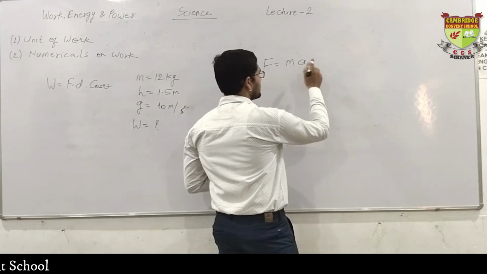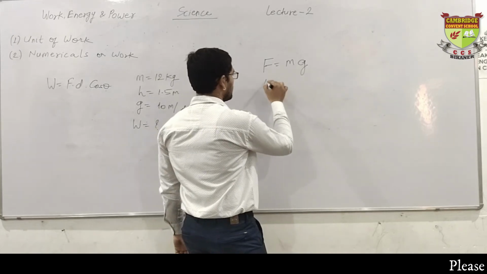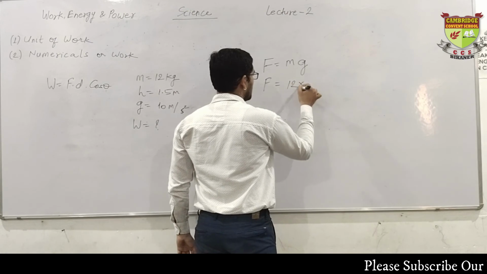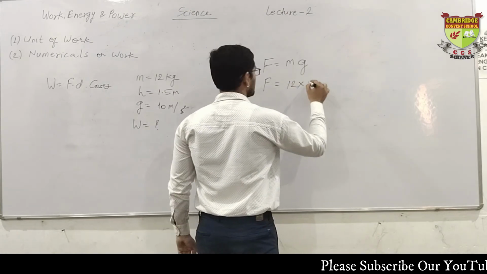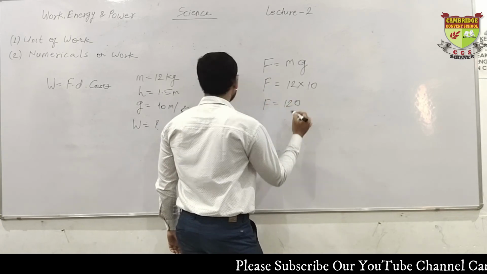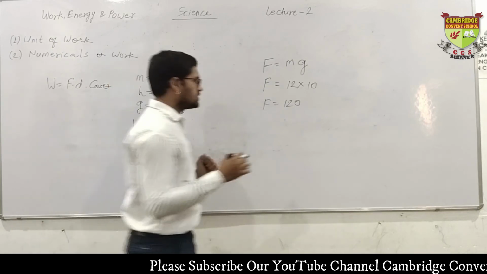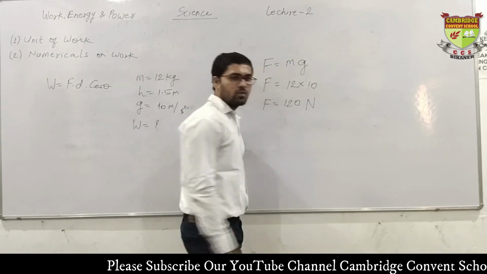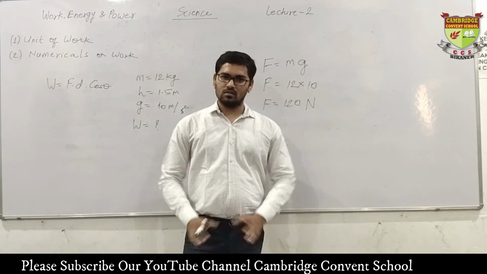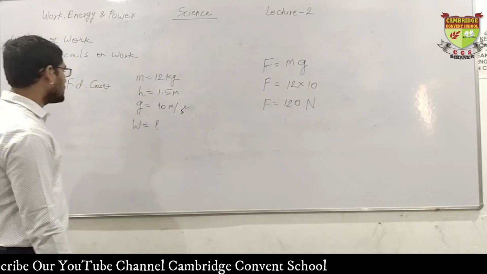So here acceleration is small g. Clear? Now, what is m? m is 12 kg. What is g? It is given 10. Multiply this, you will get 120, and force is always calculated in newtons. 120 Newton we got. Clear? Force is 120 Newton.